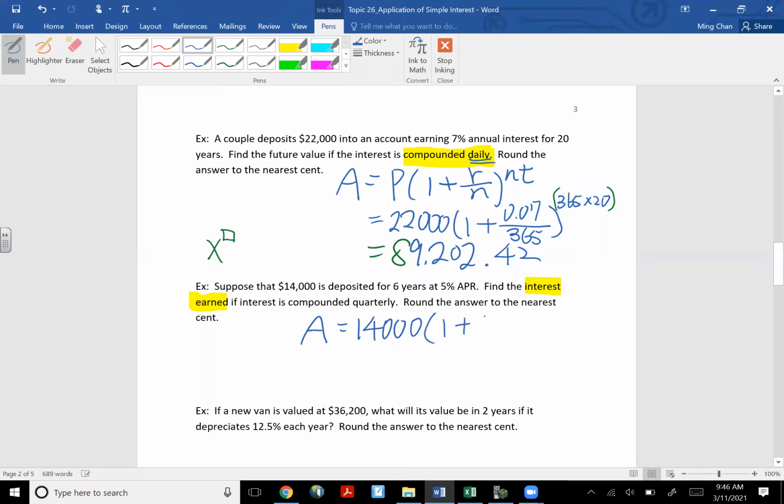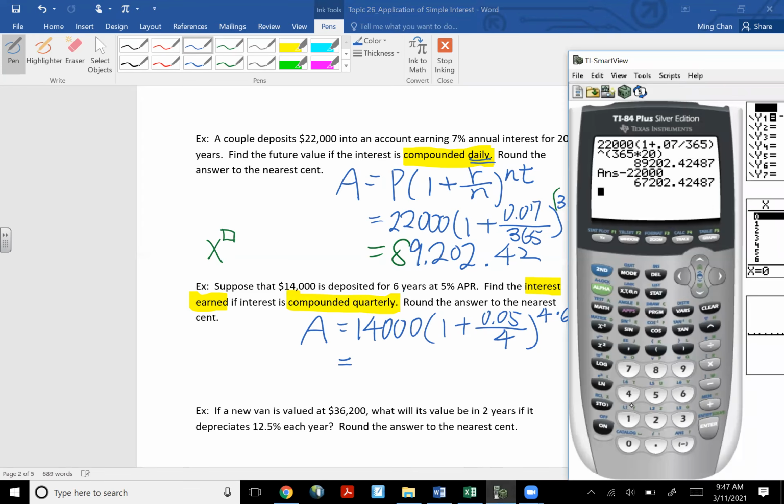Times 1 plus 0.05 divided by, compounded quarterly. Quarterly means n is 4, raised to the 4 times 6 years. 1 plus 0.05 divided by 4, raised to, I'm going to open the parenthesis for the 4 times 6, close parentheses.